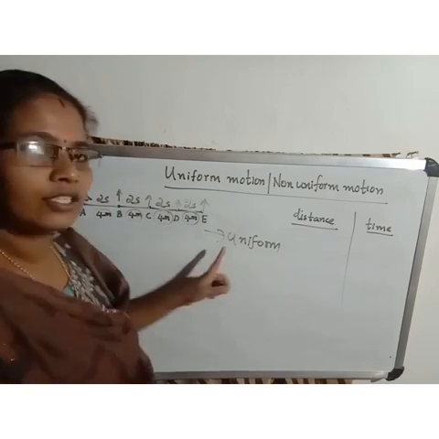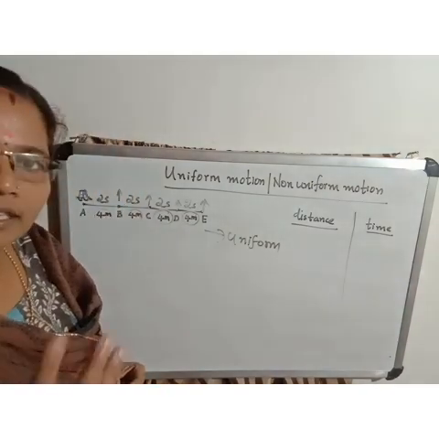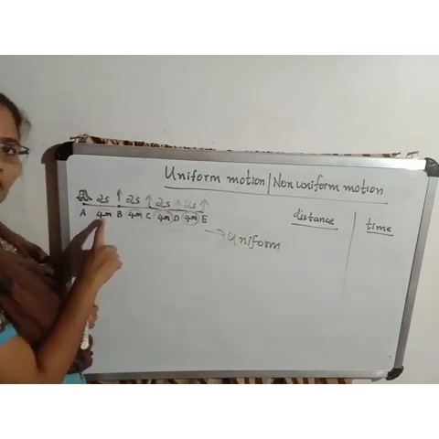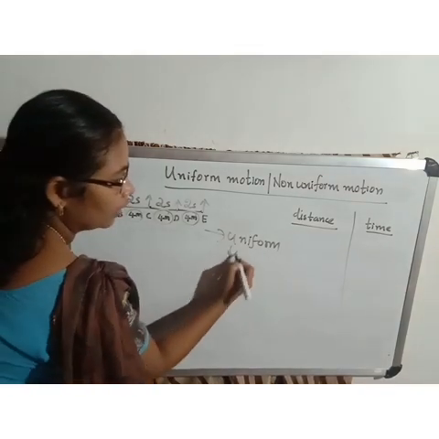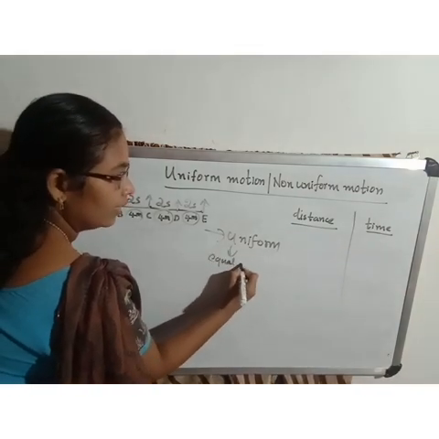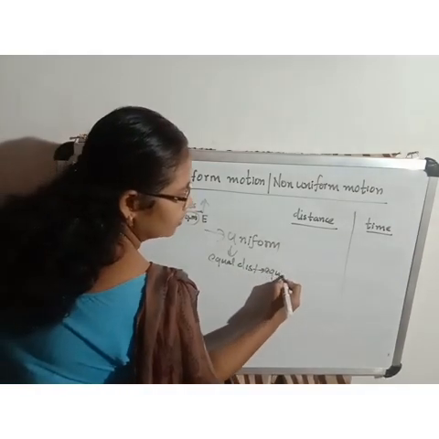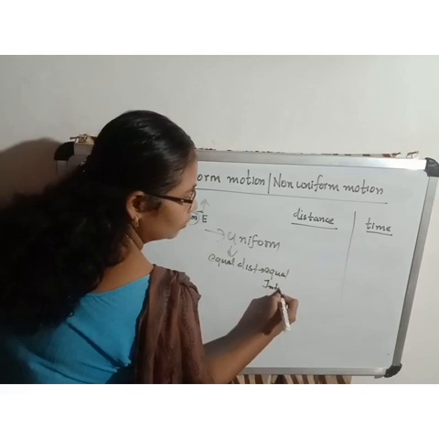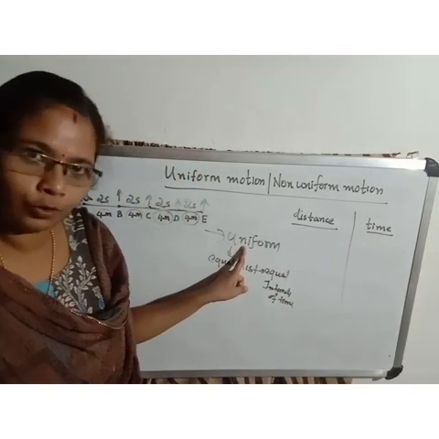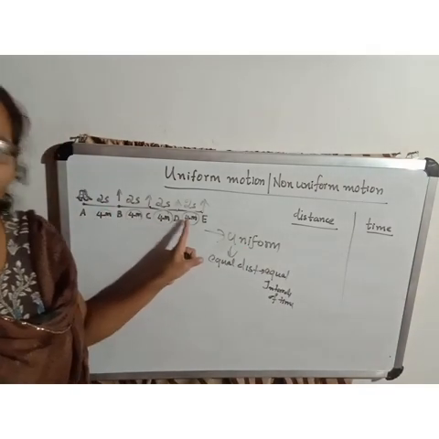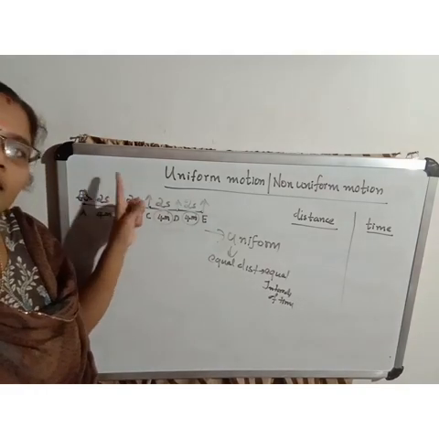How can we understand a uniform motion? It will travel equal distances. In uniform motion, the body will cover equal distances by taking equal intervals of time. That is what uniform motion is. The covering distance is also the same, and it takes the same time.